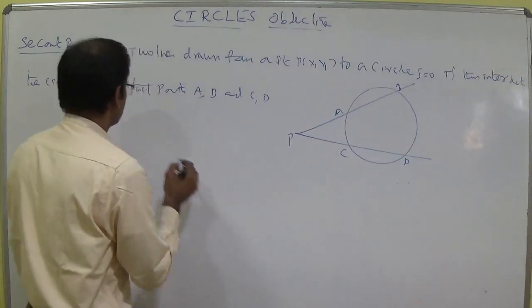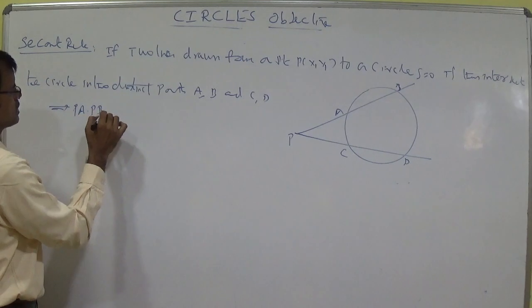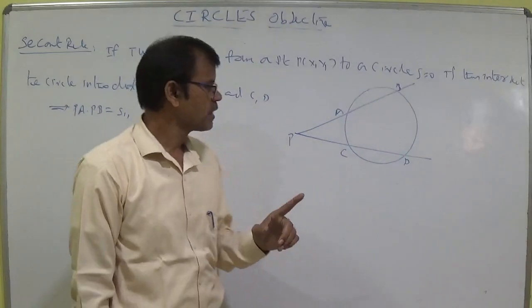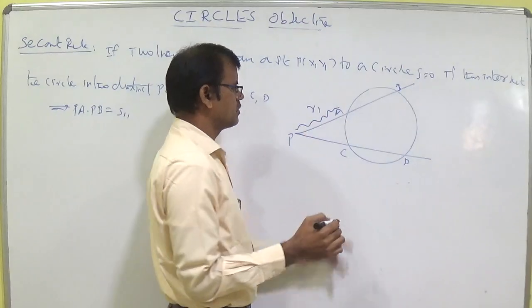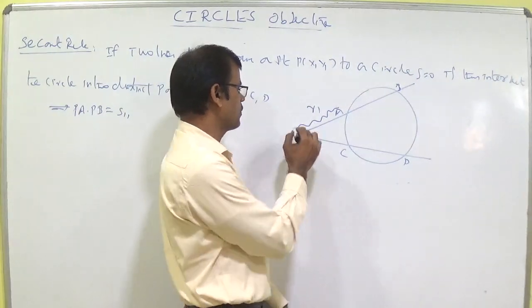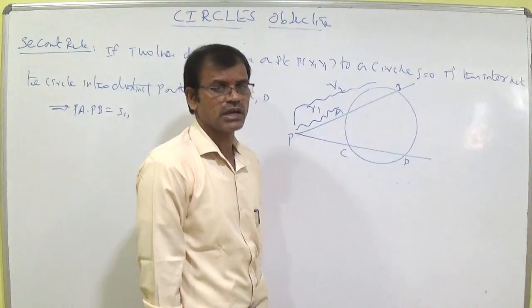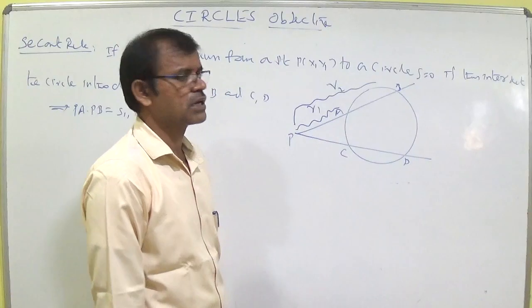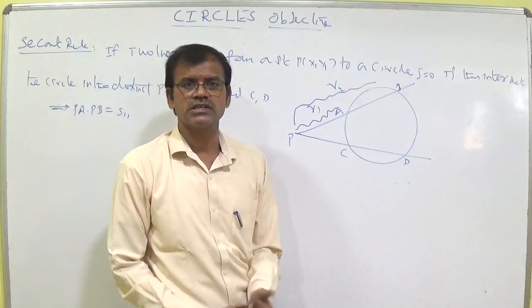Then PA dot PB is equal to S11 in IPE. I said the proof also. If P(x1, y1) is a point, and A, a point on the circle, is at R1 unit distance from P(x1, y1), and B, a point, is at R2 unit distance from P(x1, y1). In a similar way, R3 and R4 you can put, using the circle x square plus y square equal to R square, with the parametric equation R cos theta and R sin theta.